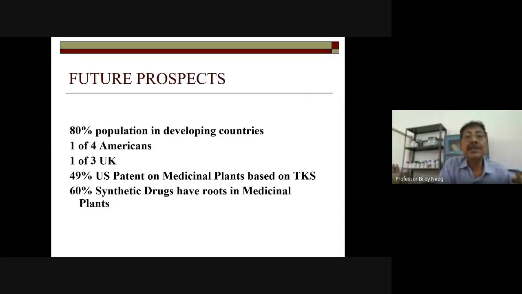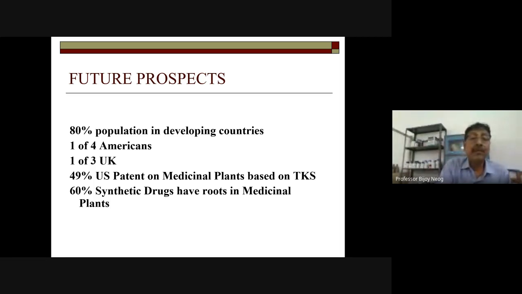As you know, 80% of the population in developing countries are still using local medicines. As the statistics say, one of 4 Americans uses herbal medicine, and one of 3 in the UK.